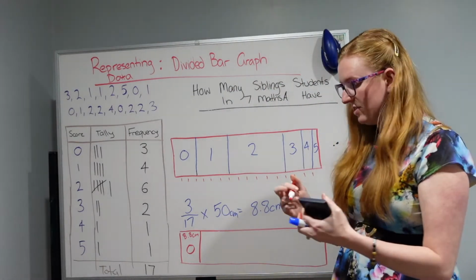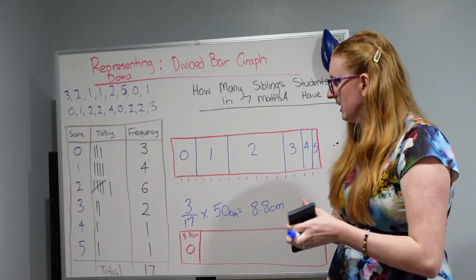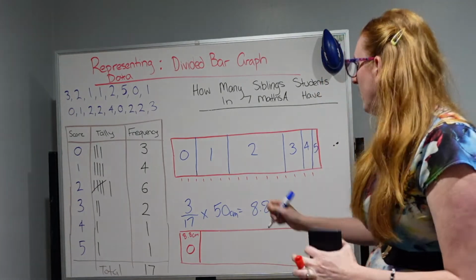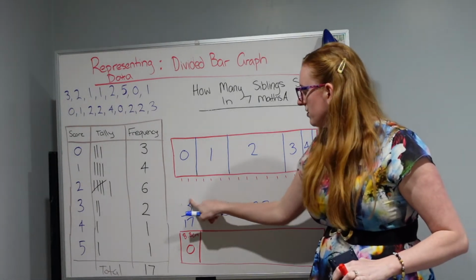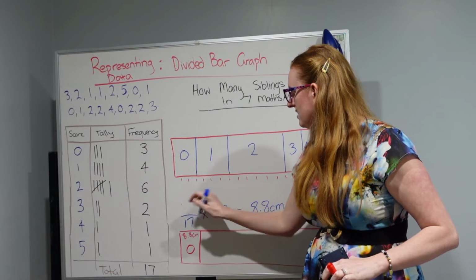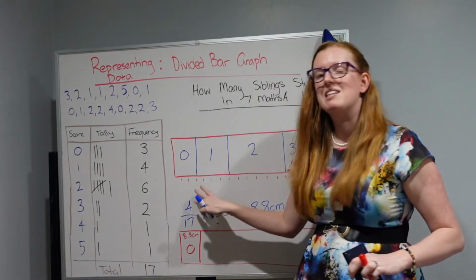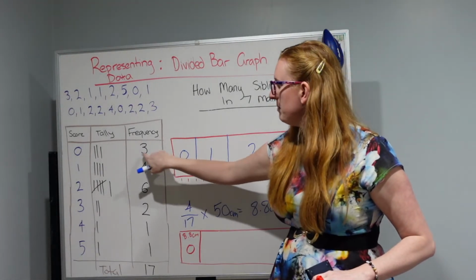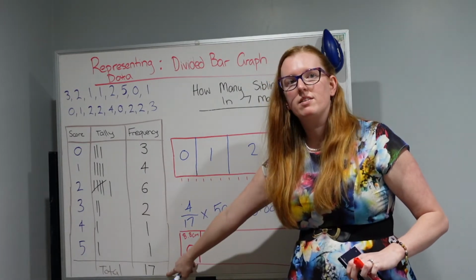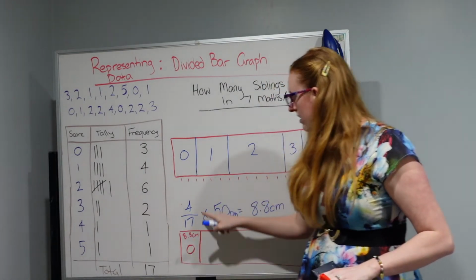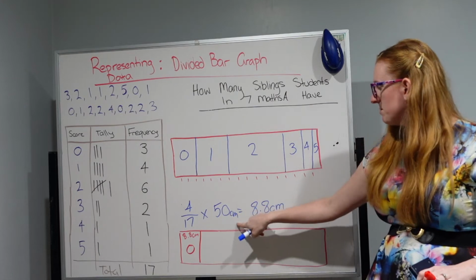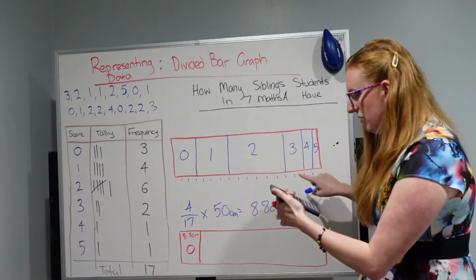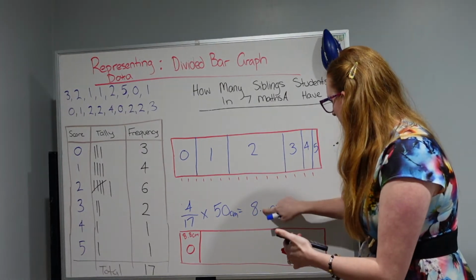All right, let's do it again for score number 1. So I write it as a fraction, so it's 4 out of 17 this time. And the reason it's that fraction is because 4 people out of the 17 voted for that option. So 4 over 17, and then I times it by 50. I get 11.76, so that rounds up.